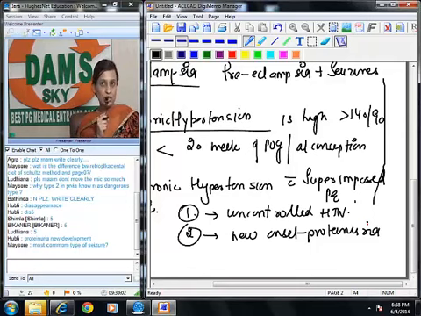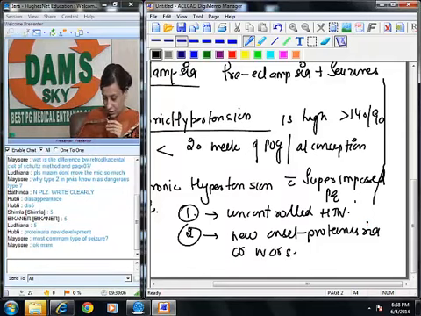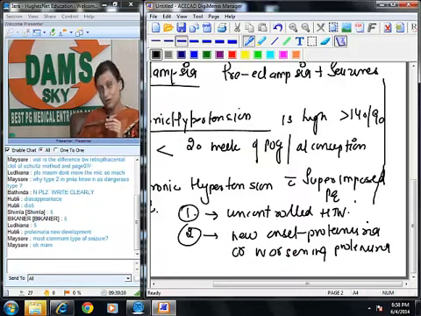So, new onset proteinuria is the second criteria, or we say worsening proteinuria. So, what does this mean? Now, this means that when the patient was not pregnant, her blood pressure was high. But as soon as she becomes pregnant, she develops proteinuria. So, that is one of the criteria.